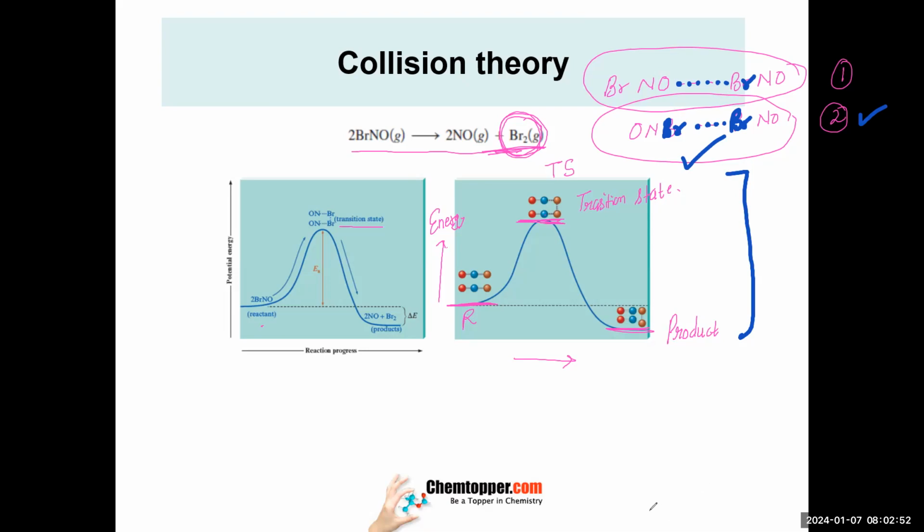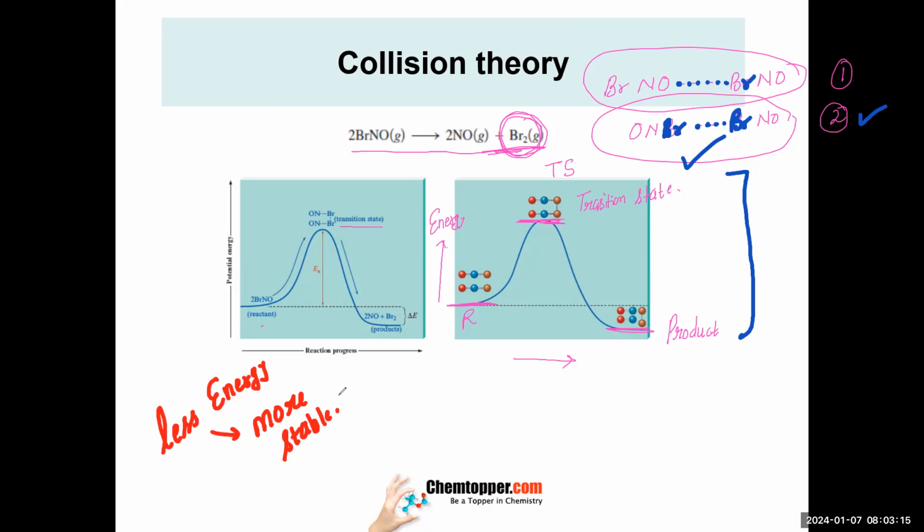This is exothermic, yes. So I think I told you, less energy means more stable. Remember I gave you that mantra in chemistry.